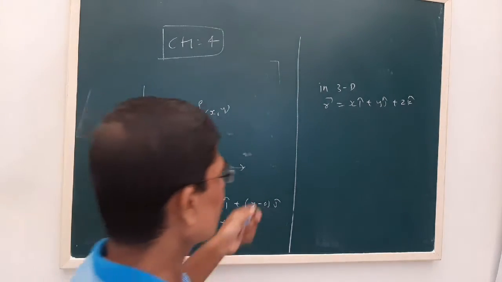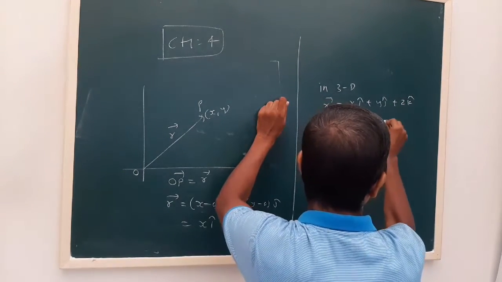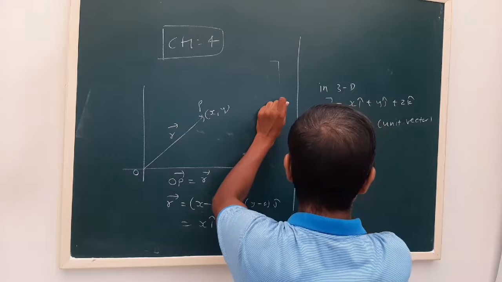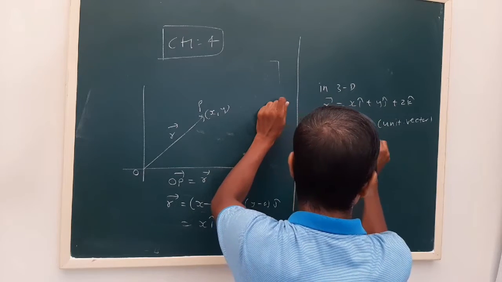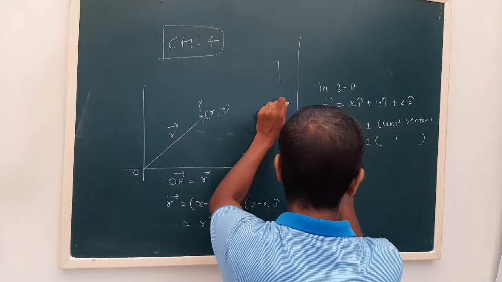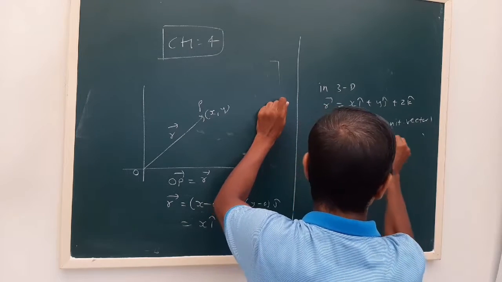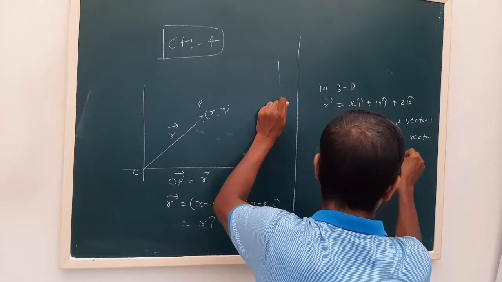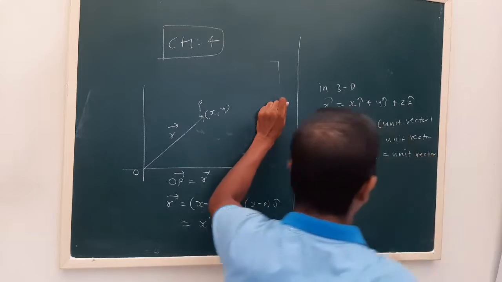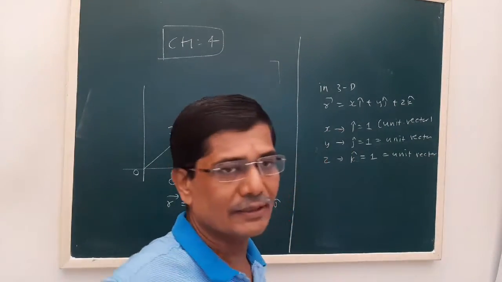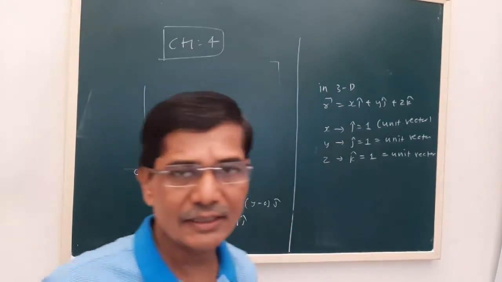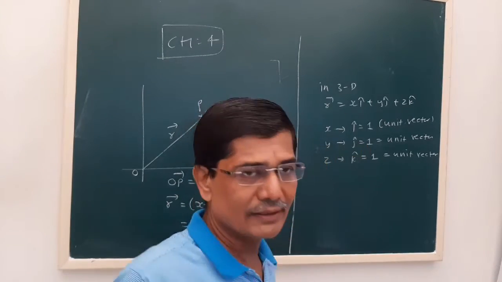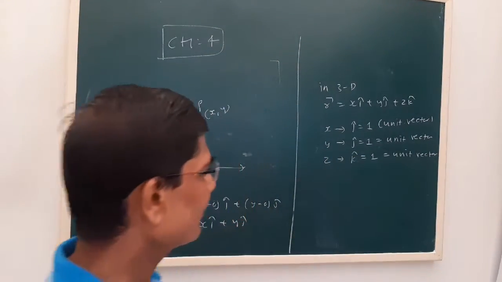In the beginning of the lesson we talked about i caret, whose value is 1, a unit vector in the x direction. The y direction unit vector is j, which is also 1, and the z direction unit vector is k. The magnitude of a unit vector is always 1, as we discussed earlier.